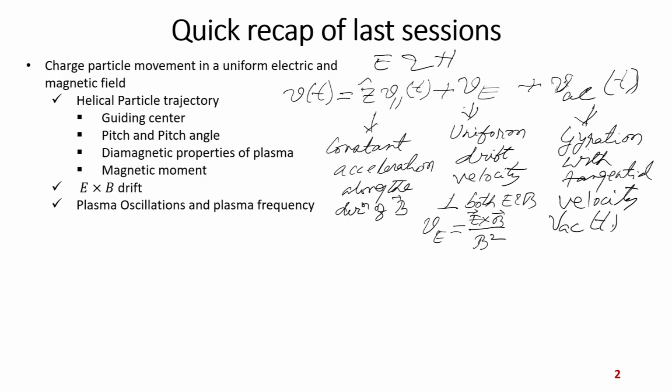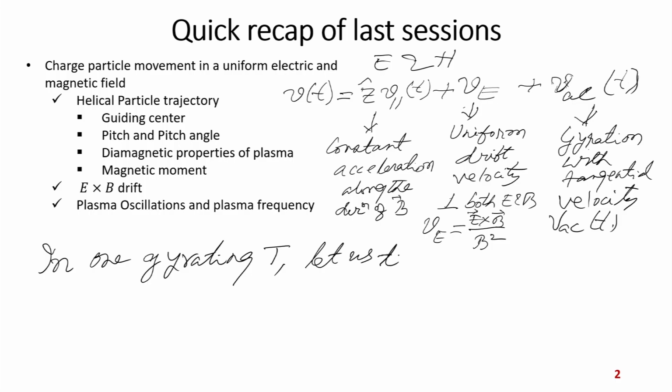Now, if we take the average of the velocity in one gyrating period, one cyclotron period T, let us take the average value of V_T.